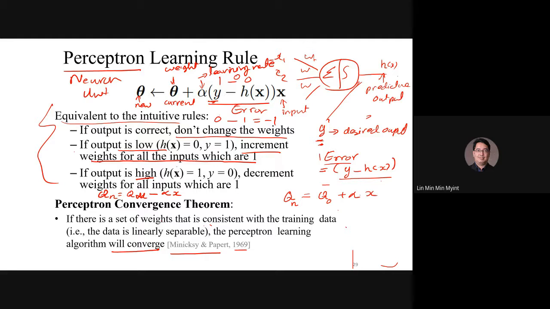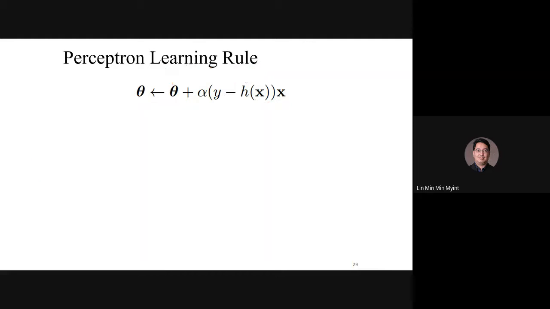But this can apply only for linearly separable models. In a real neural network, we have to apply other modifications based on this rule.